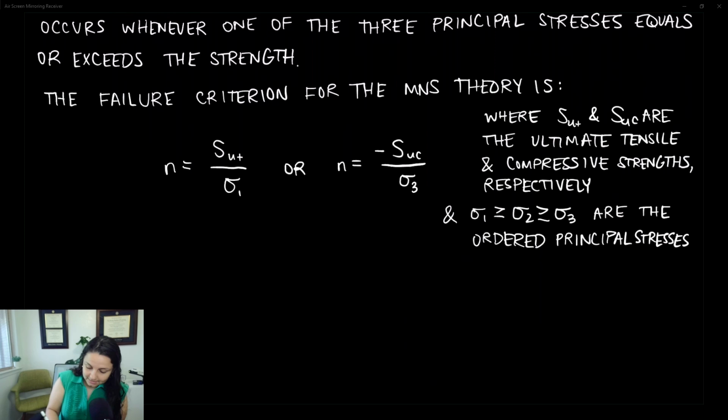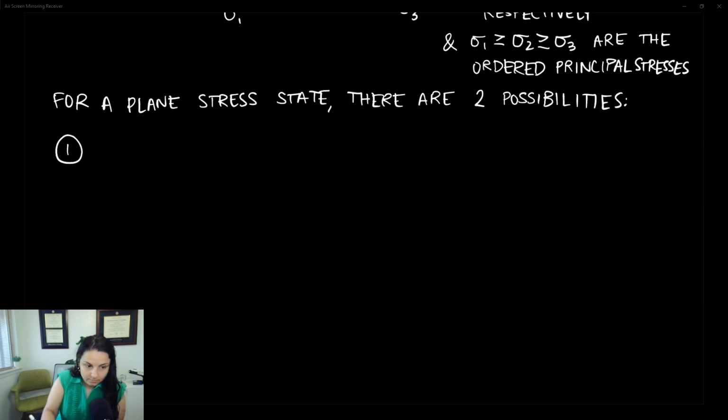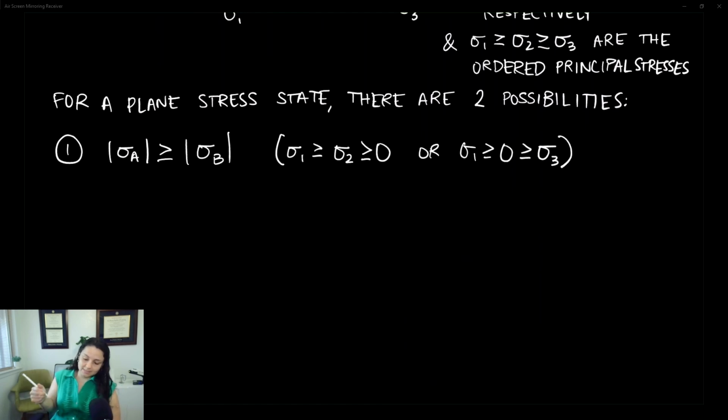One is that the magnitude of sigma A is greater than the magnitude of sigma B, in which case sigma 1 is greater than sigma 2 is greater than 0, or sigma 1 is greater than 0 is greater than sigma 3. In other words, sigma 1 is sigma A and sigma B is either sigma 2 or sigma 3.